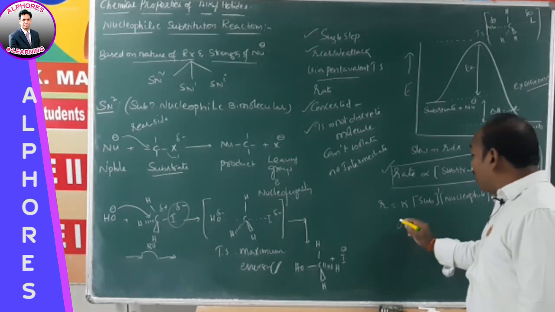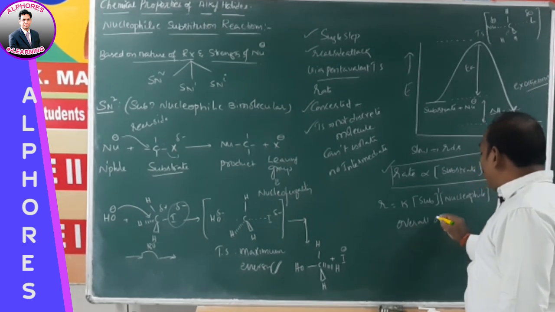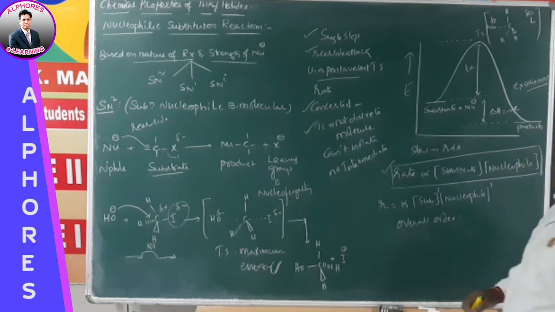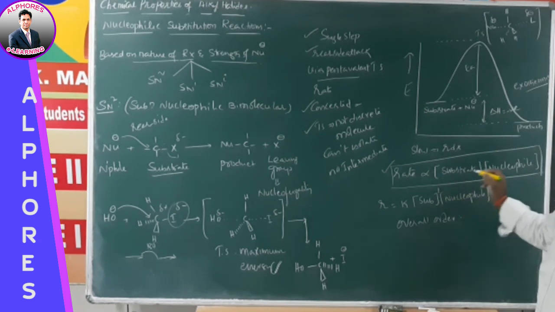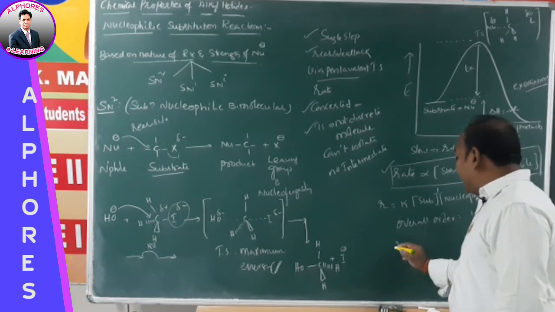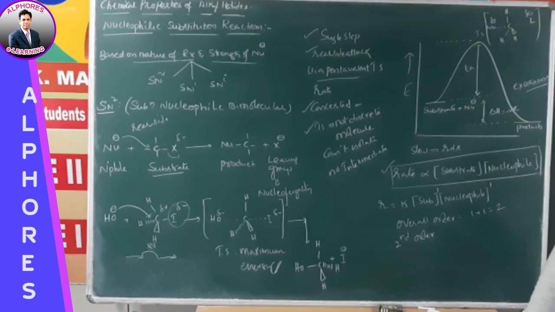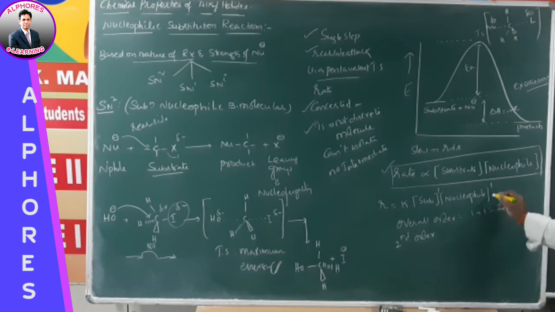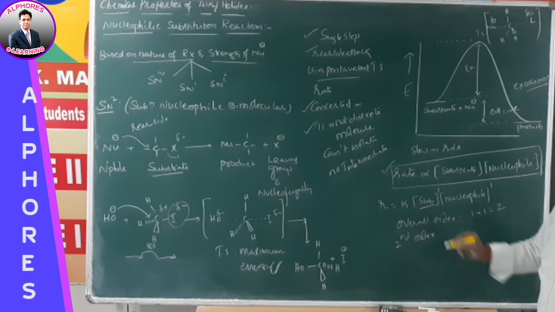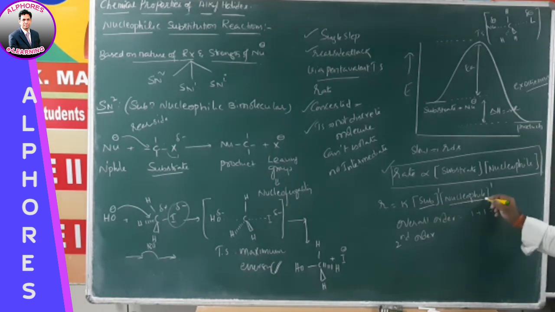So the overall order of the reaction is the sum of the powers or indices of the concentration terms in the rate law. So 1 plus 1 is equal to 2. So this SN2 reaction is a second order reaction. Now in the rate law, how many molecules are going to take part? One is the substrate, another one is the nucleophile.